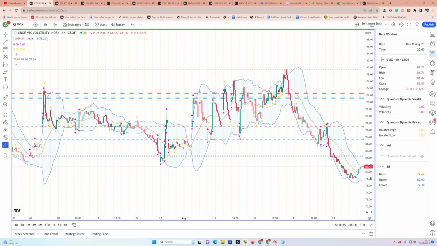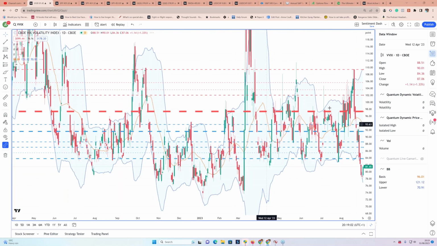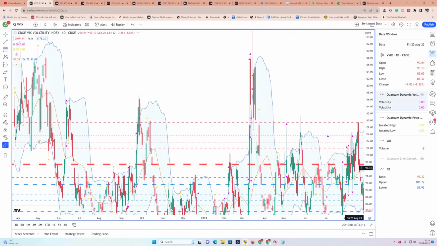The VIX is the 30-day, but you have the 9-day, the 1-day, the 3-month, and the 6-month VIX. So that's what it does, and it looks at the options market. Generally speaking, this is the hour. Fine, we've had a little pullback on the hour, but if we go on the daily, you will see that here too, this has been falling as well.